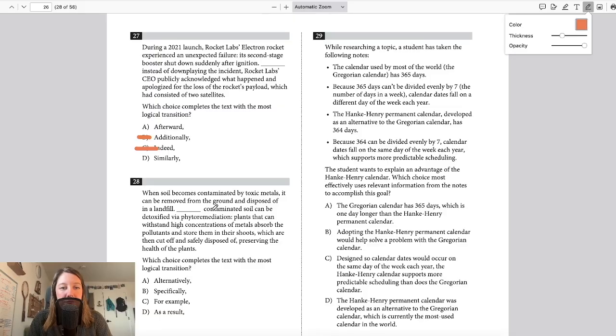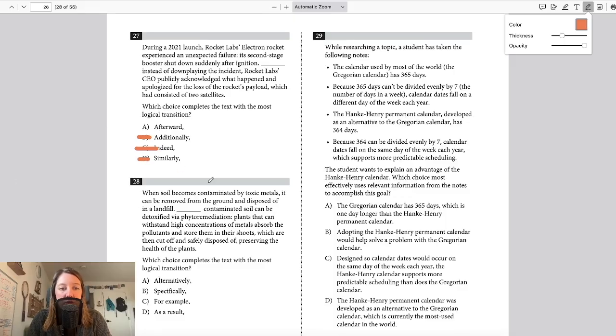We're not proving anything, right? If they said something like, there's been a call for CEOs to be more transparent and this particular CEO said that next time something happened, he would be. Indeed, the next time something happened, he publicly acknowledged what happened, right? So that's kind of proving the statement that we made at the beginning. But we don't have anything like that here.